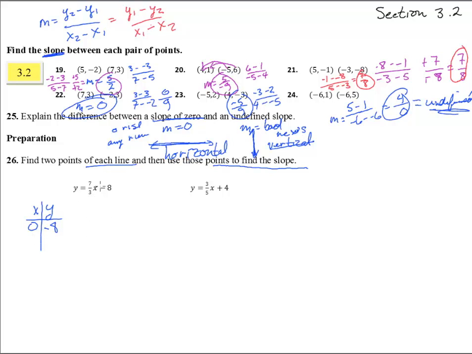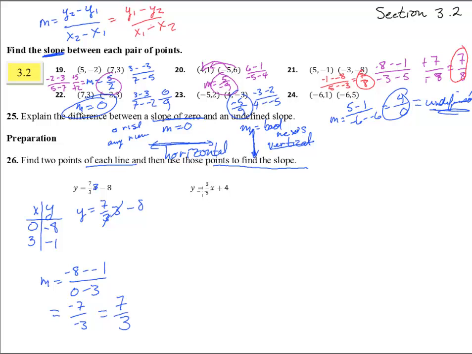And another good point, if we put a 3 in here, then that will be y equals 7/3 times 3 minus 8. 7 minus 8 is a negative 1. Now we're going to use these 2 points to find the slope. Find 2 points, which we did. Now find the slope. Slope is going to be negative 8 minus 1 over 0 minus 3 equals negative 7 over negative 3 equals 7/3.